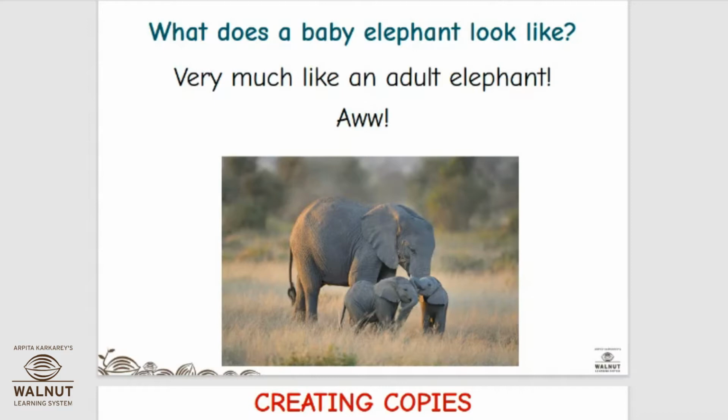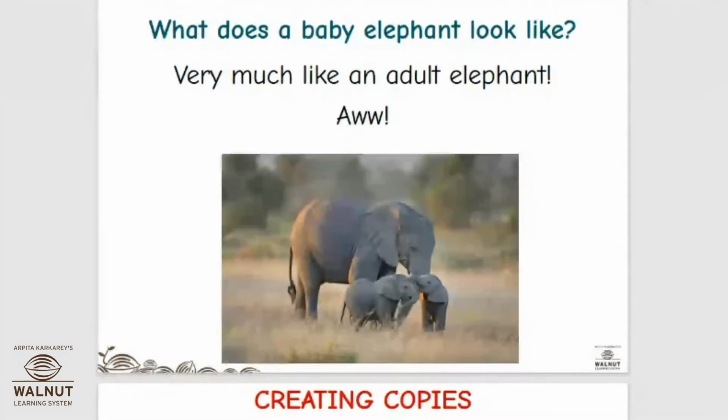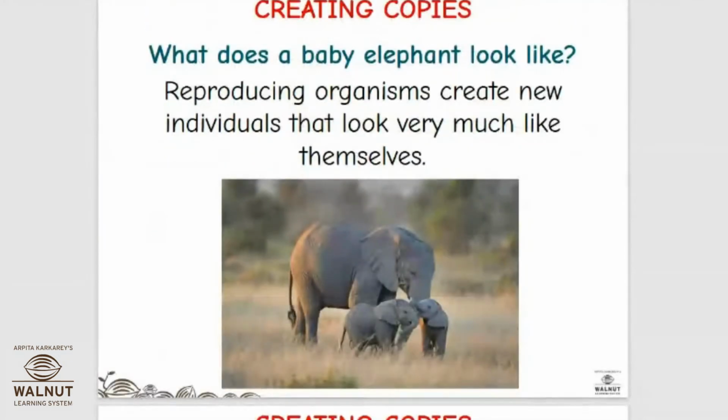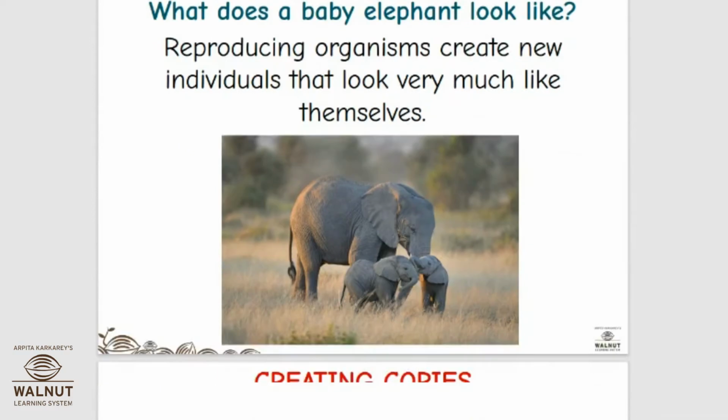So why is that happening? Because the elephant is passing on its DNA, or you can say its genes, to the offspring. I hope you have understood the basic thing in reproduction. So reproducing organisms create new individuals that look very much like themselves.